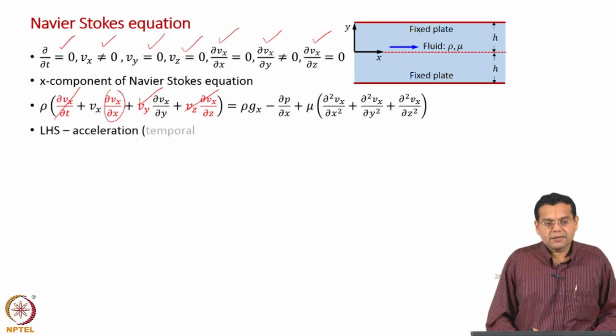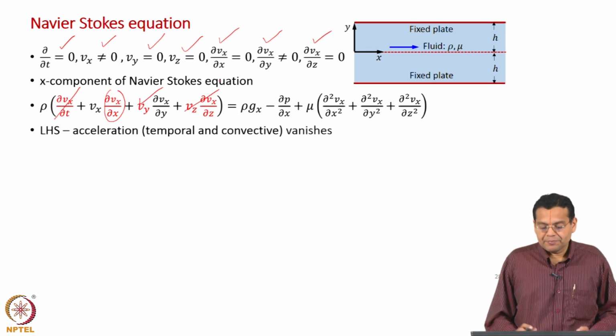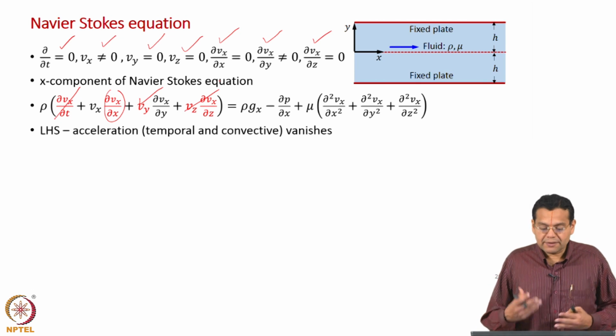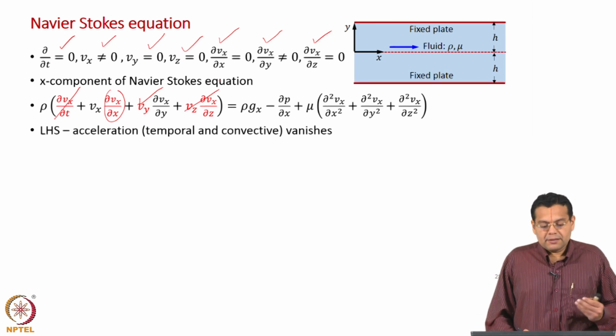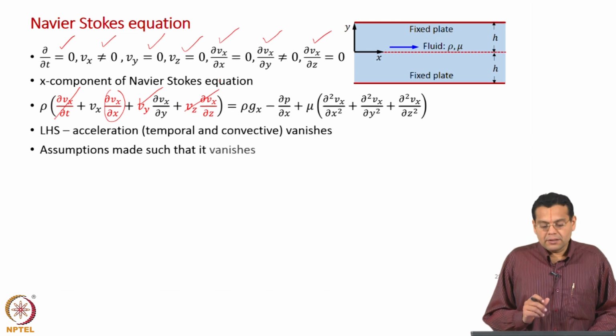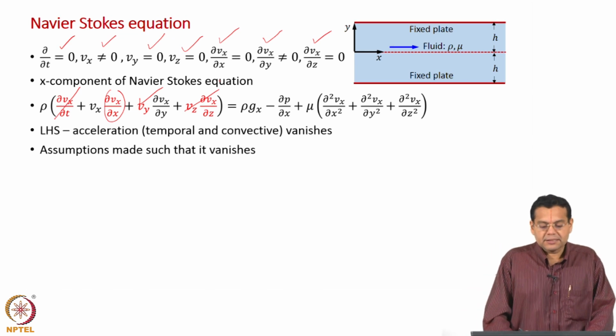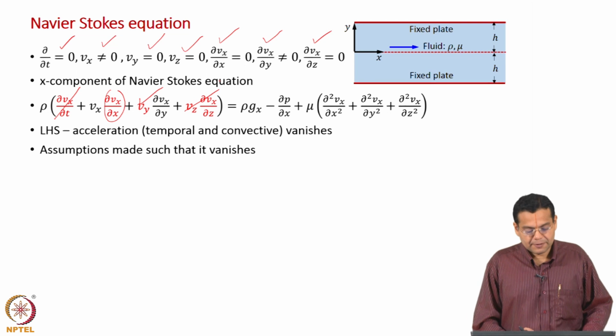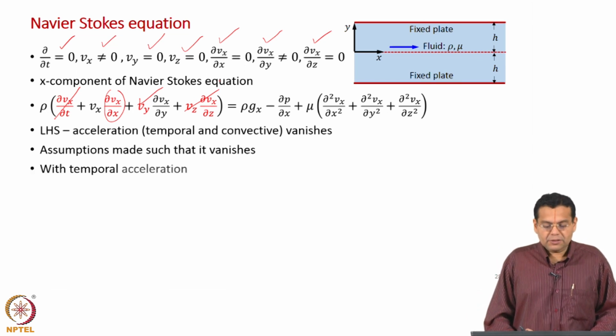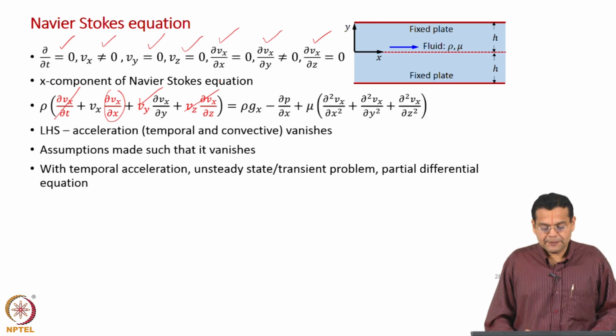So, the LHS, like in the previous case, of course the assumptions are all the same. Assumptions are made in such a way that the acceleration terms in the left hand side vanish, both the temporal acceleration and the convective acceleration. We also discussed what the difficulty is if you do not make such assumptions.